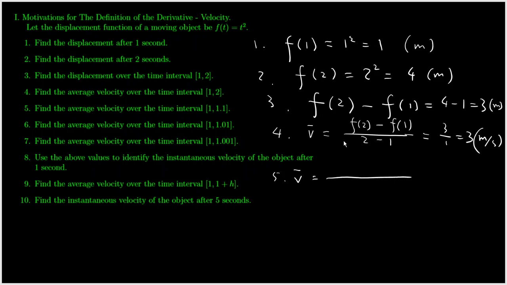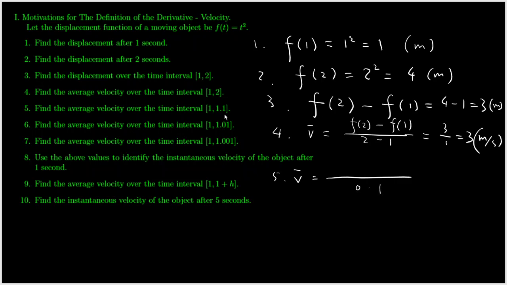Do not lose track of the meaning. How can we get the time elapsed? What is the time elapsed for question 5? Now look at question 5. From 1 second to 1.1 seconds, the time elapsed is 0.1 seconds, of course, right?